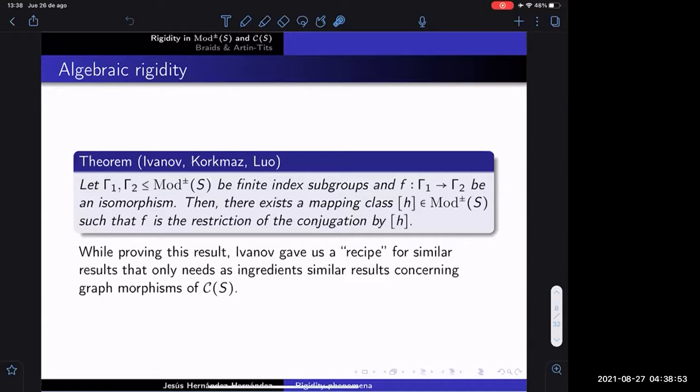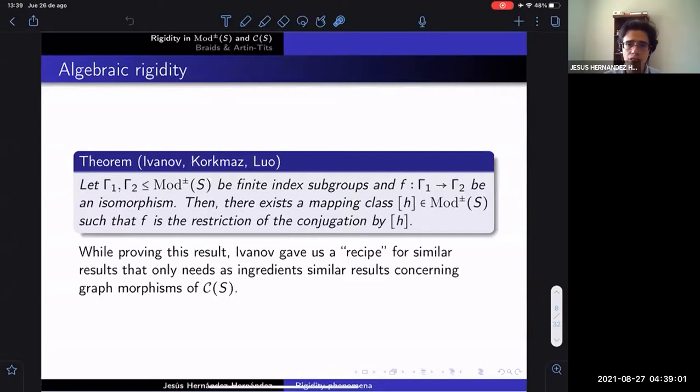And not just any subgroup, let's start with finite index subgroups. So I start with gamma 1 and gamma 2 finite index subgroups, and an isomorphism from gamma 1 to gamma 2. It turns out that there exists a mapping class such that this isomorphism is just the restriction to gamma 1 of the conjugation.